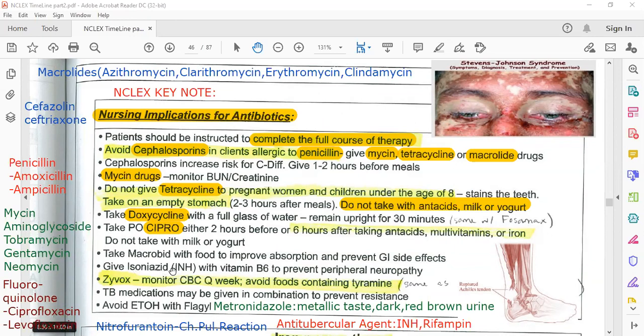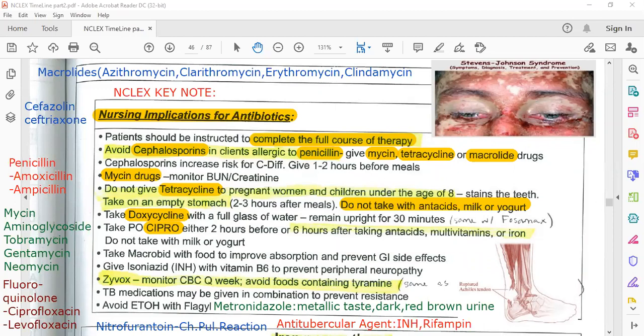Give isoniazid, shortly called INH, with vitamin B6 to prevent peripheral neuropathy. So isoniazid is actually an antitubercular agent. Anti-TB medications include INH or isoniazid, rifampin, or ethambutol.